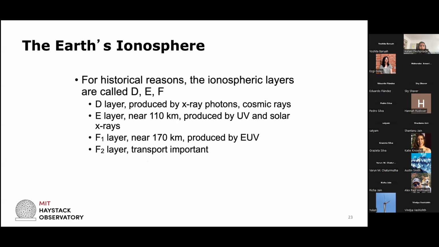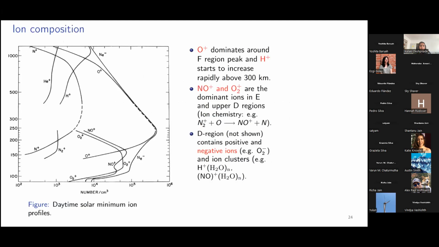The F1 layer is produced by EUV, and the F2 layer, although it's produced by EUV, transport is important. That's why this layer stays around at night, because of the winds and everything, you still have a number of electrons there, even when there's no solar illumination. I guess if the sun went totally away, you wouldn't have it, but that's not the case.